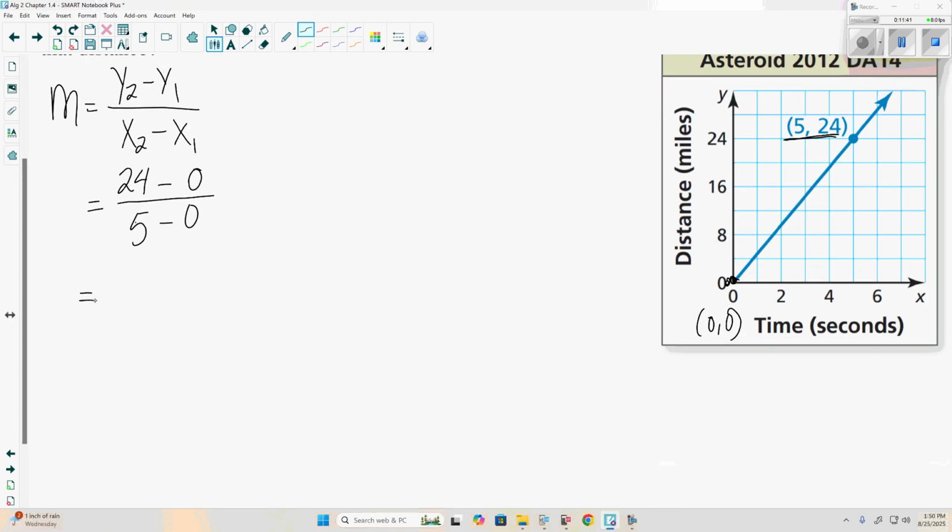Now at this point, we can find the slope of the line. There are two ways we can do it. One of them is by hand: 24 minus 0 is 24, 5 minus 0 is 5. Now the question is, can we reduce 24 over 5?